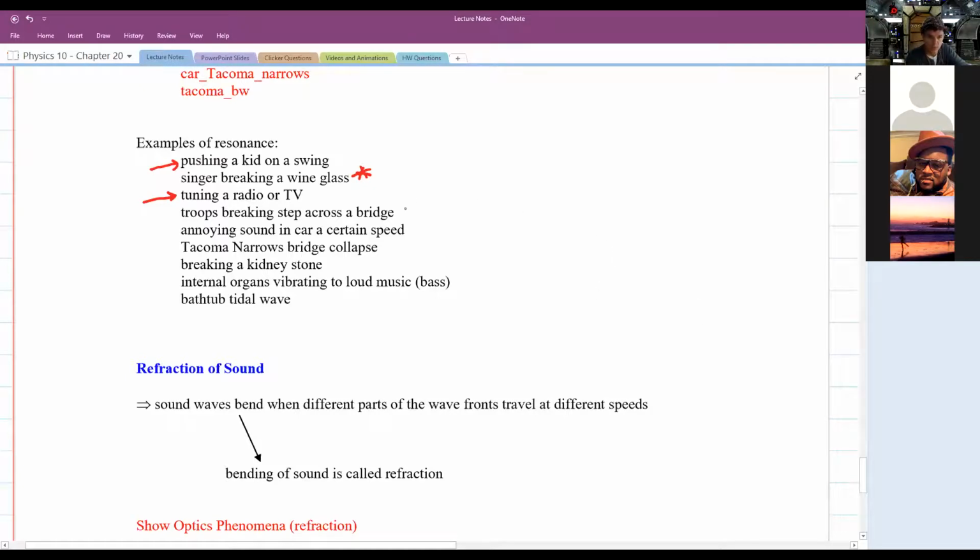Troops breaking step across a bridge. There's actually a really cool Mythbusters video about this. I don't know if this is true, but the story is that in the 1800s, a troop of soldiers was marching across a bridge, all marching in step at some certain frequency.